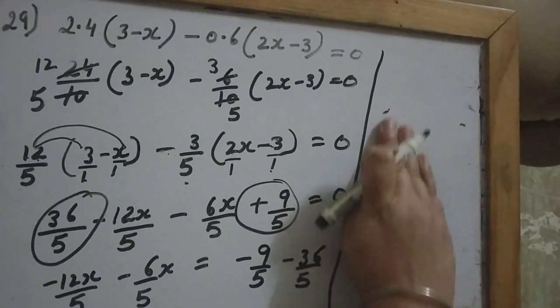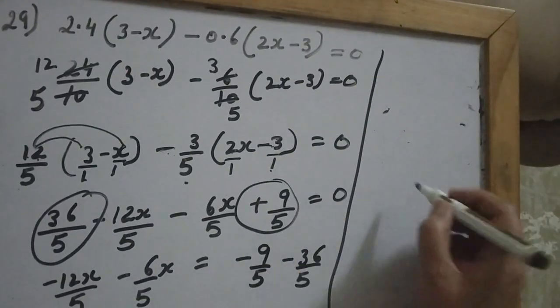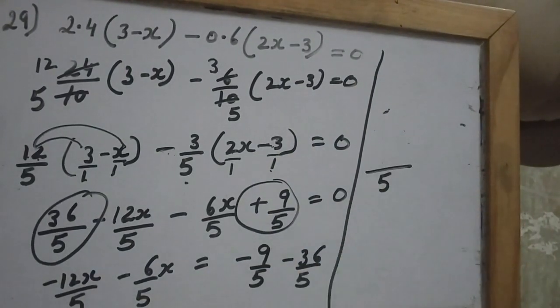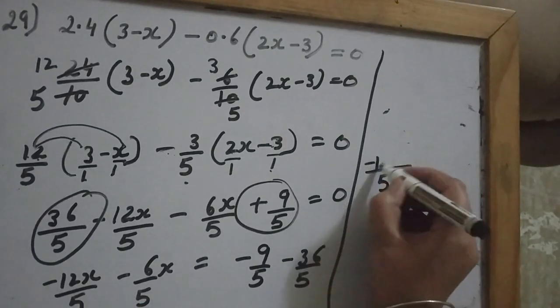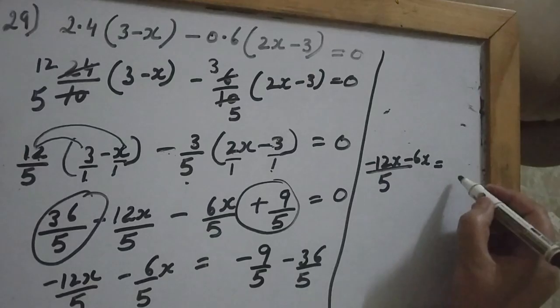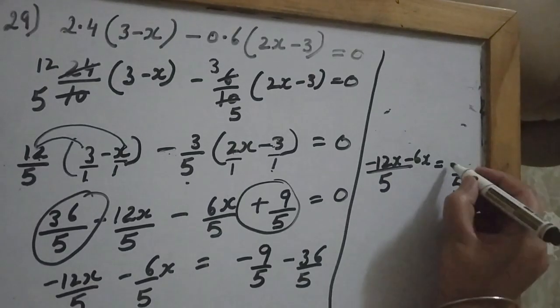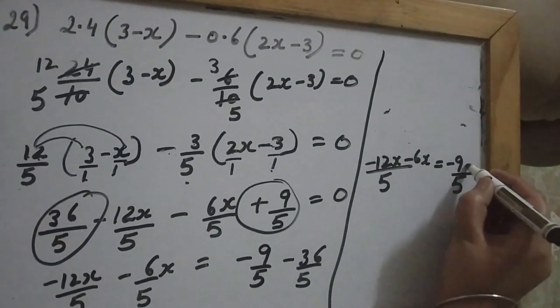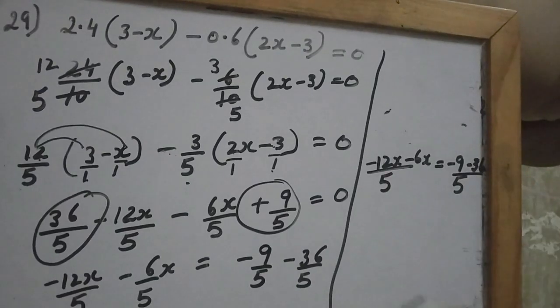Let me write this again. So this becomes 5, minus 12x and minus 6x, because both are like fractions, both have the denominator 5, so the numerators will remain the same.